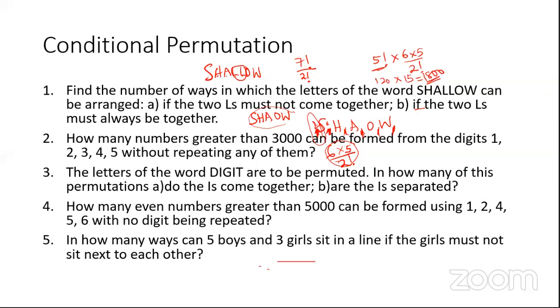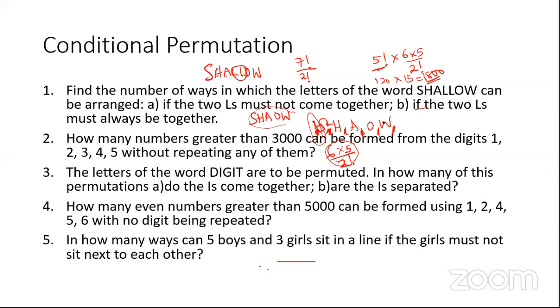We are saying that we are going to divide by the number of those letters that are repeated, that are identical. Because eventually, if I swap the L here with the L here, it doesn't make any difference. So it means I have repetition. So that's what has happened there.